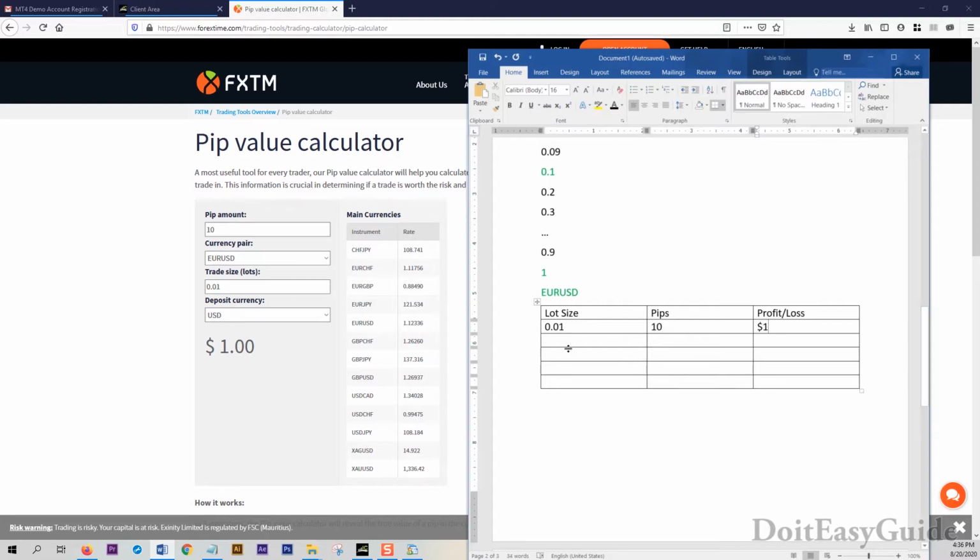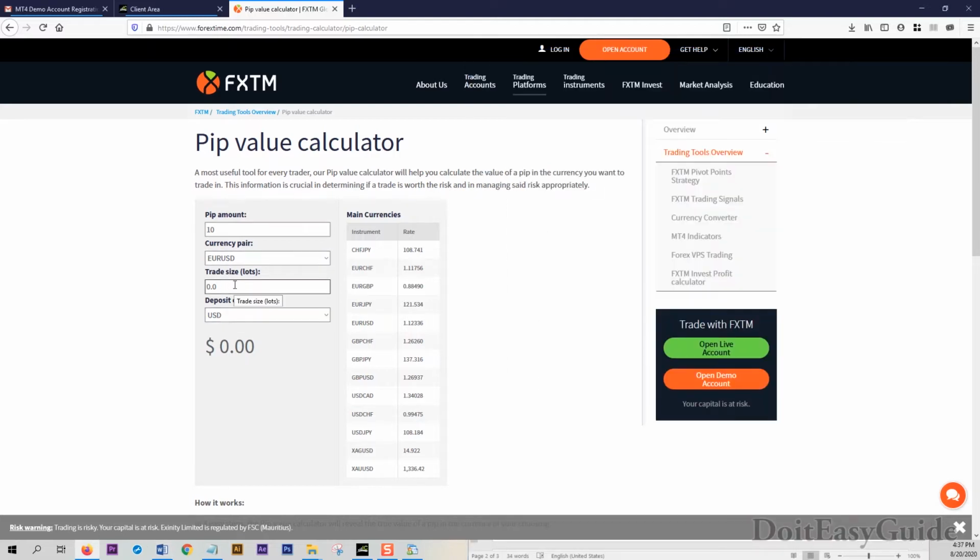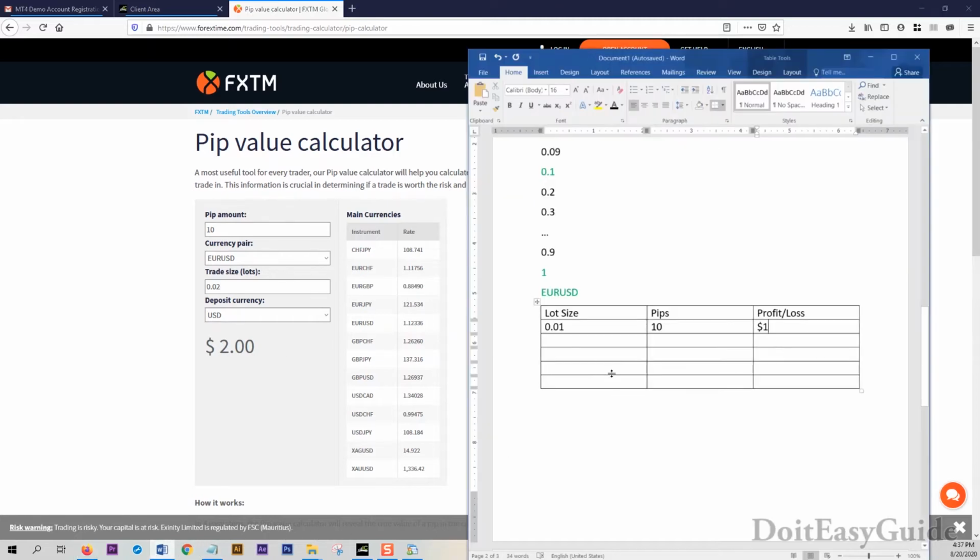Right? So what happens if my lot size is 0.02? It should be $2, right? If you increase your lot size to 0.02 and 10 pips, it will be $2. Okay, let's place these two orders.